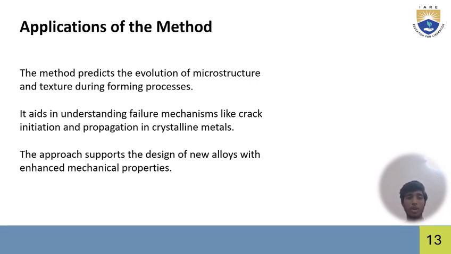This modeling method is widely used in material engineering. Applications include predicting microstructural evolution during forming or rolling, understanding crack initiation and propagation, and designing new high performance alloys. By visualizing slip and stress at the micro level, engineers can better prevent failure and optimize the manufacturing process.